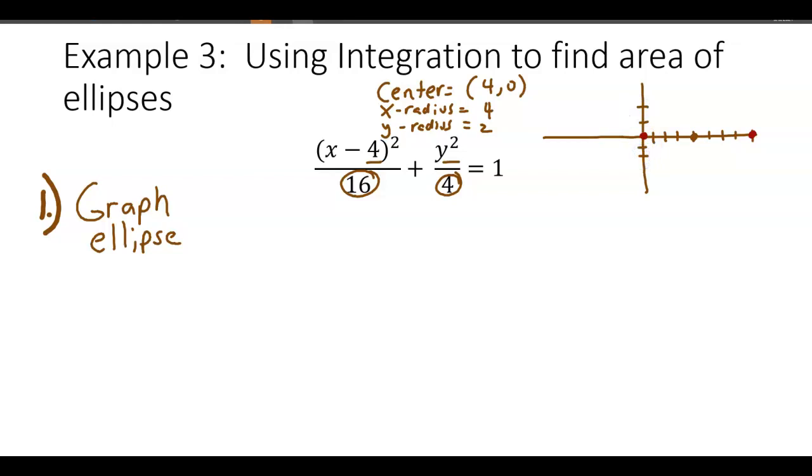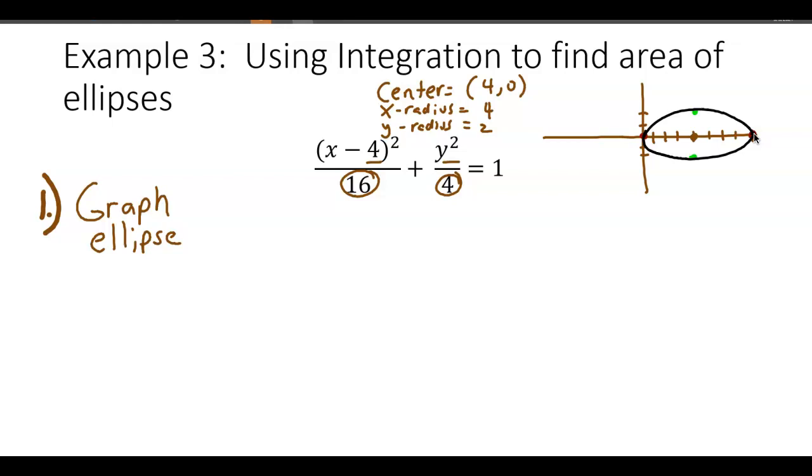I don't think that was very evenly spaced. Let me do that again. Still not very good, but oh well. All right, so up 2, down 2. And then we're going to connect those 4 outer dots. And we have our ellipse.